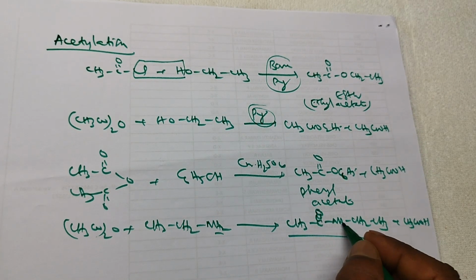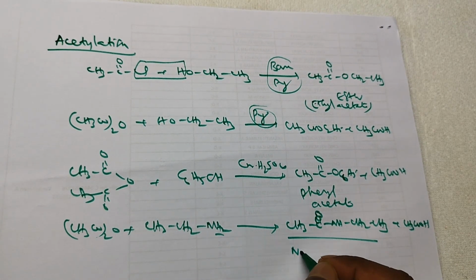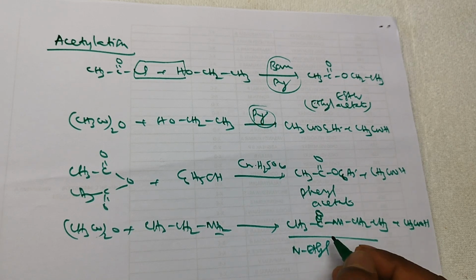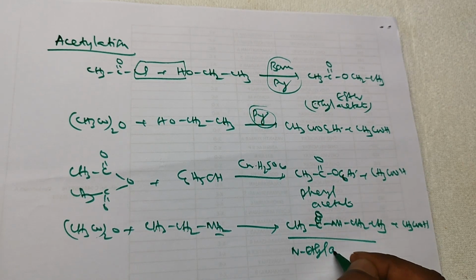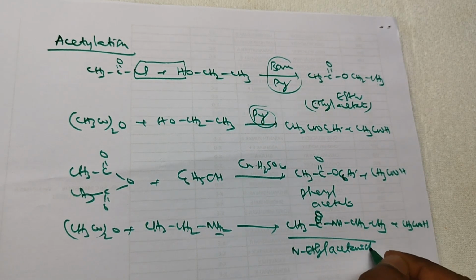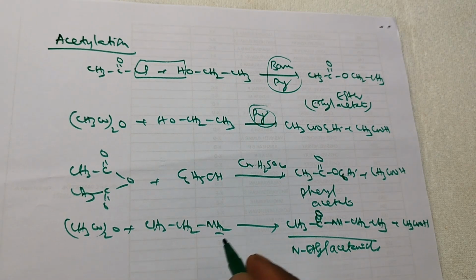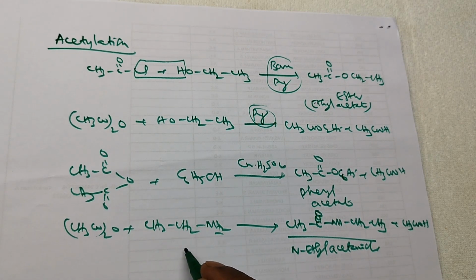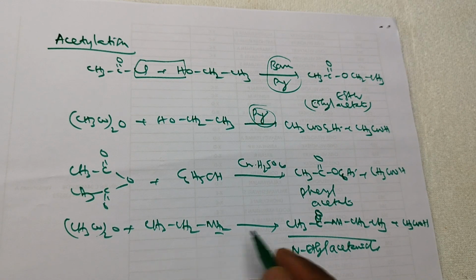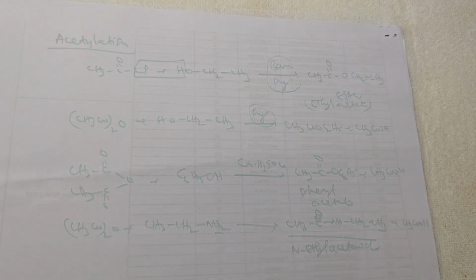How can you name this compound? This is N-ethyl acetamide, or you can say N-ethyl ethanamide. So here why are we not using any catalyst? Because the amine itself acts as a base. It will catalyze the reaction. So these are the acylation reactions.